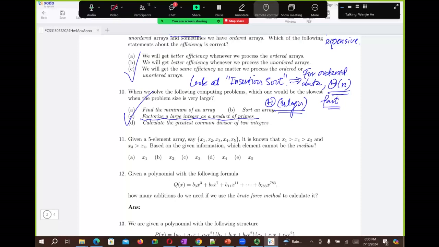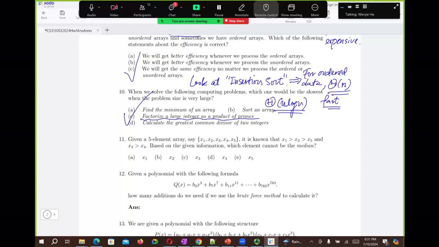One student even told me it's exponentially slow, and actually it is like that. Although the analysis part is hard, so we don't do it, the result we have seen is that it's exponentially slow.